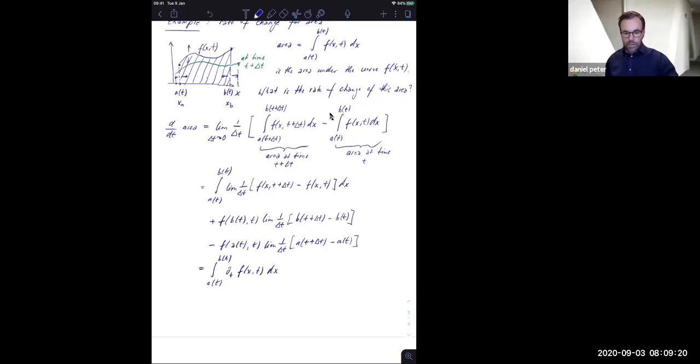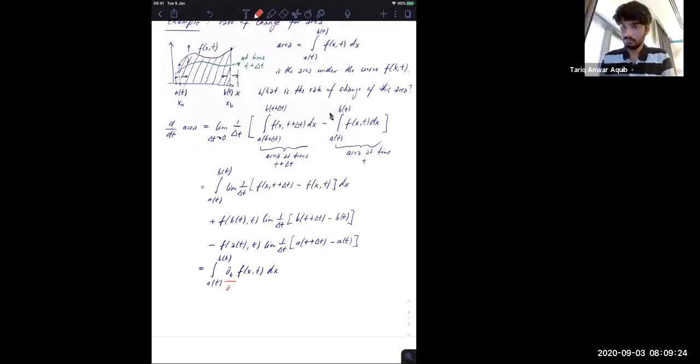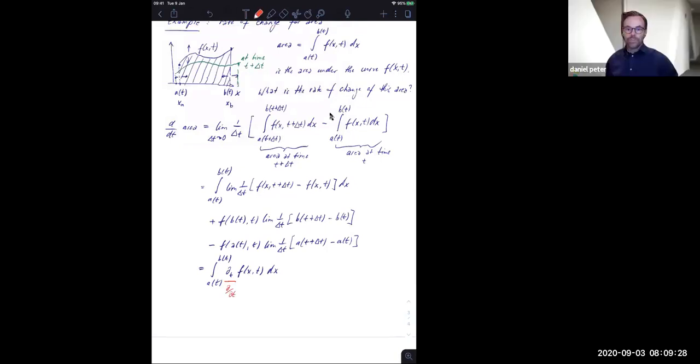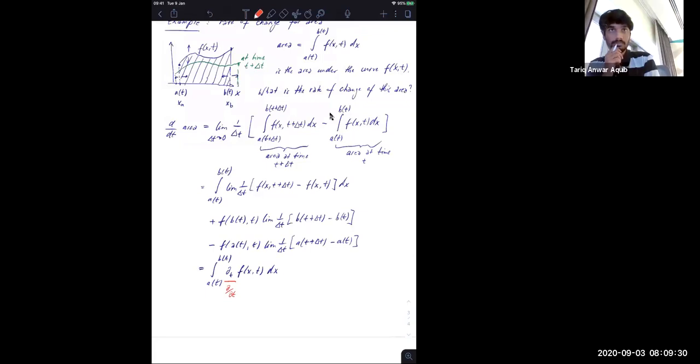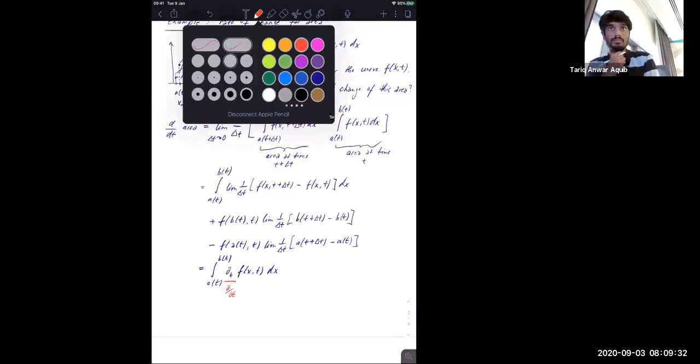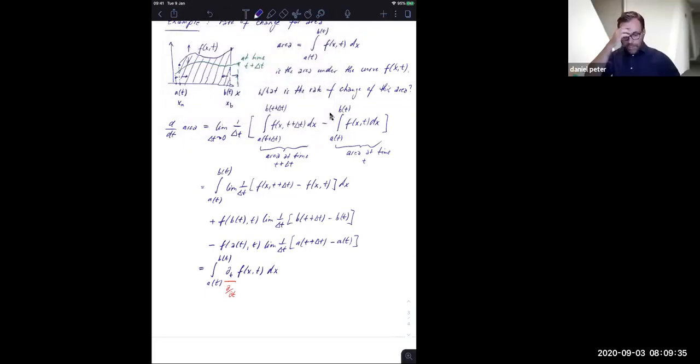So that's this thing here, the partial derivative. And that's the first equation, first integral expression.